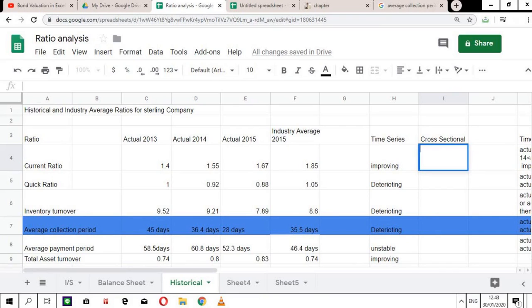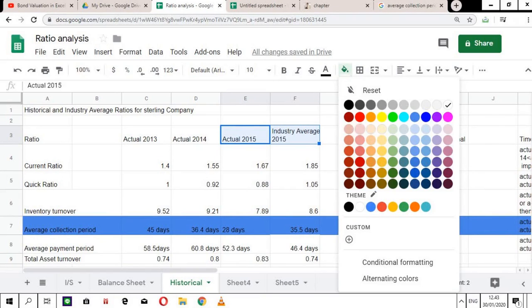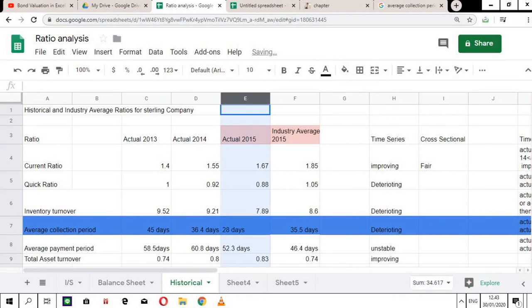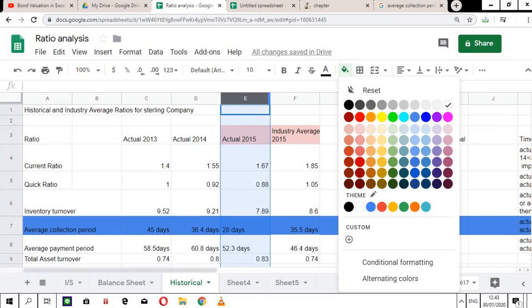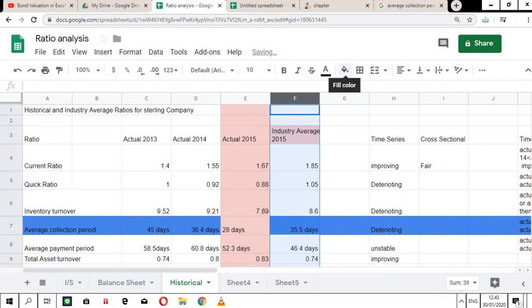So I didn't put any formula in this section. I just typed and compared between two columns: actual 2015 and industry average 2015.